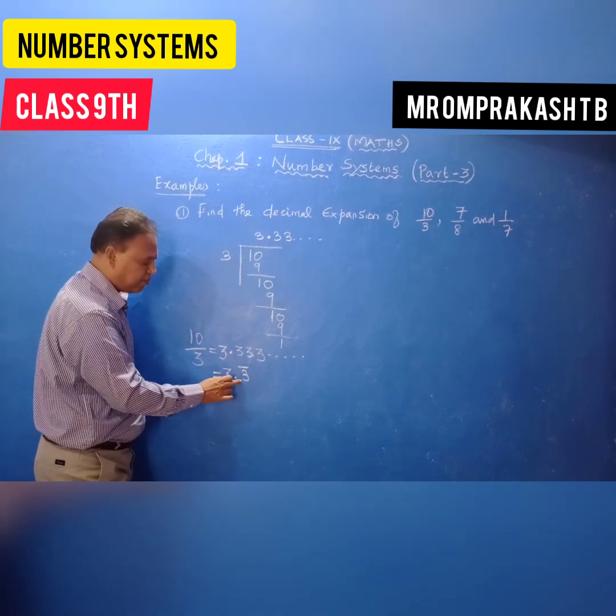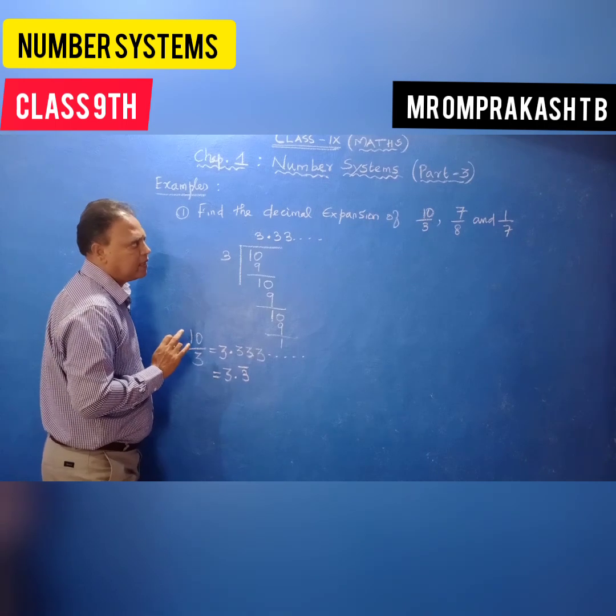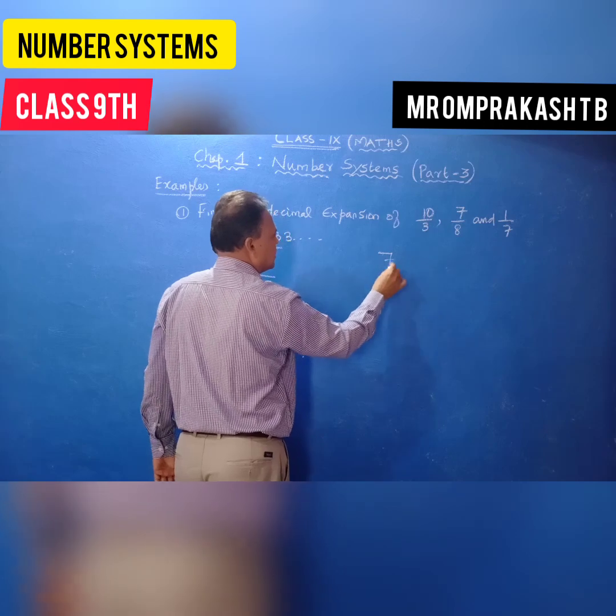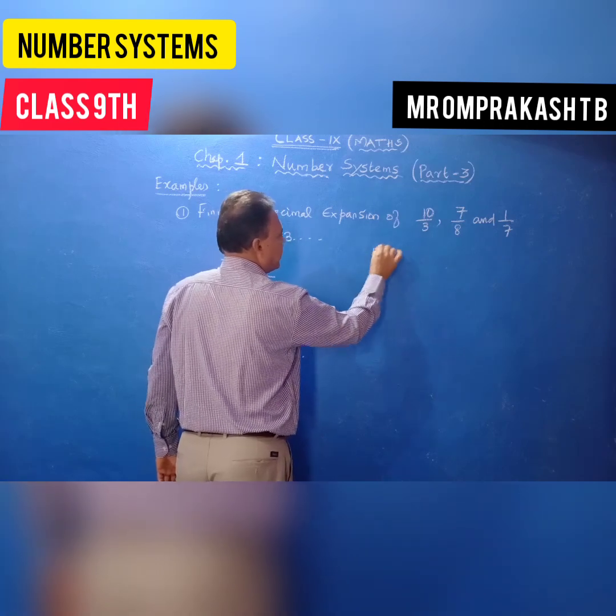This can be written as 3.3 bar. In the same way, 7 by 8: 7 written inside, divided by 8.